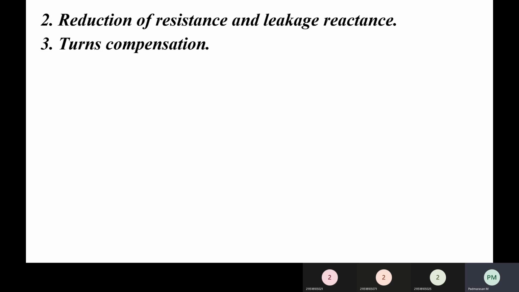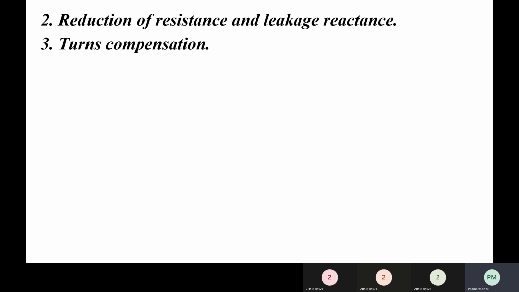Next one, providing smaller magnetic paths to the flux. By providing smaller magnetic paths to the flux, we can reduce Im and Iw components. Next one, designing the assembly and interleaving the core with proper precautions. So these are the various methods of reduction of magnetizing and loss components of the exciting current I naught.